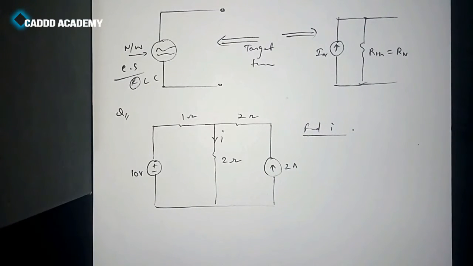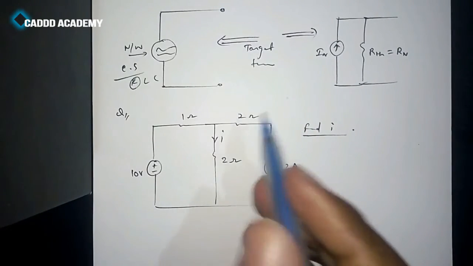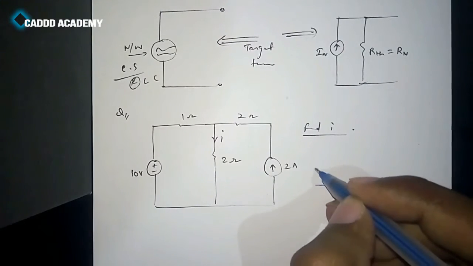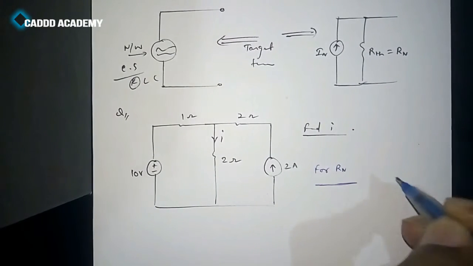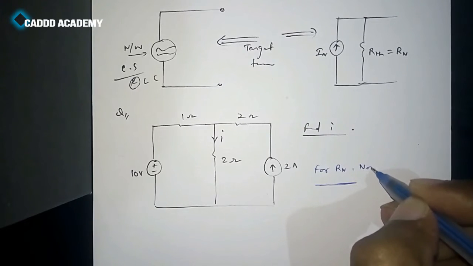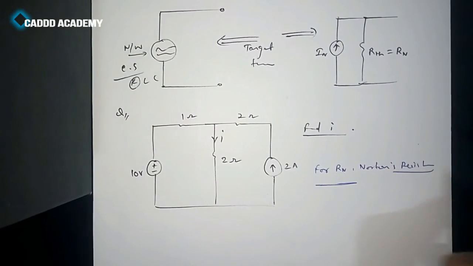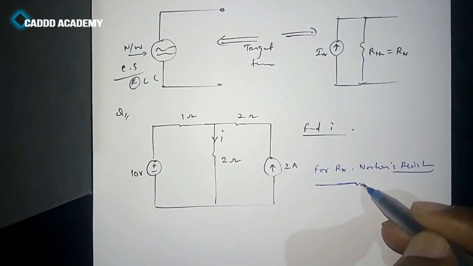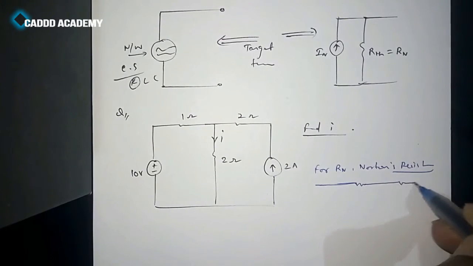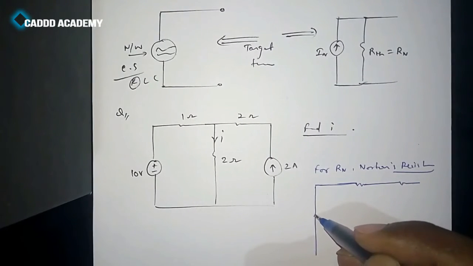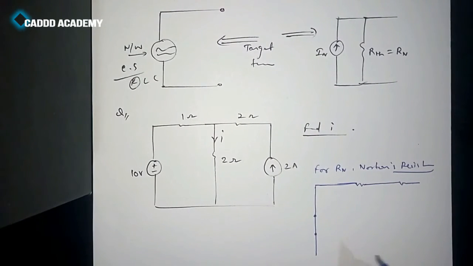So by Norton's theorem, firstly we have to calculate Rn, Norton's resistance, and we have to open this terminal. So for Rn, we will make all energy sources 0.